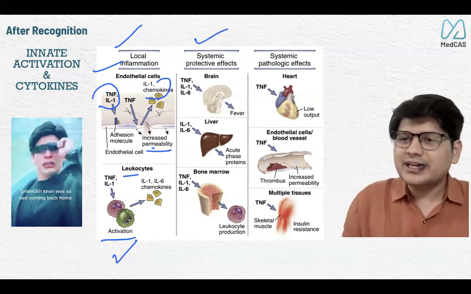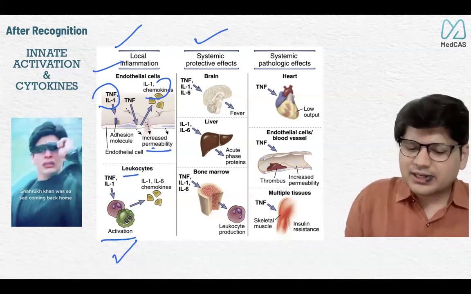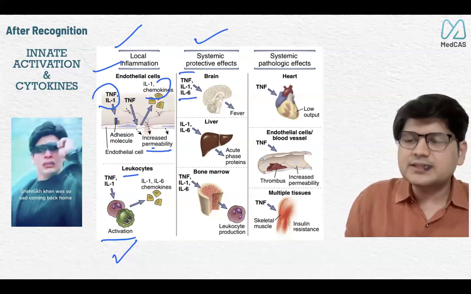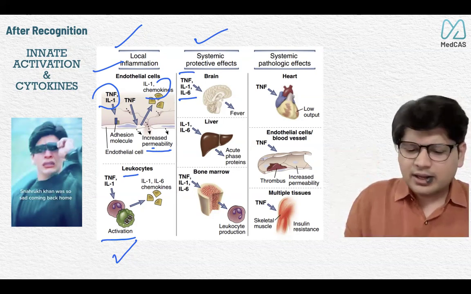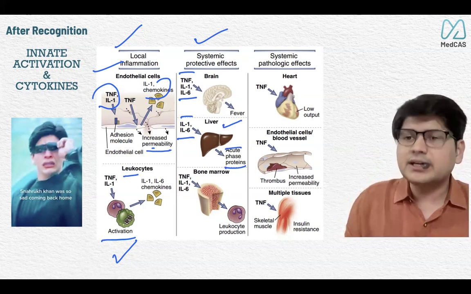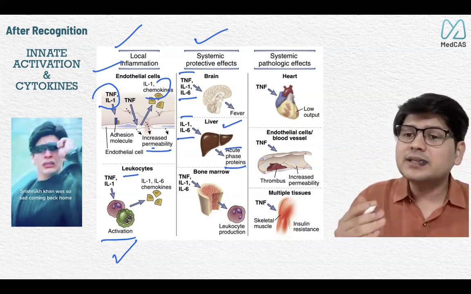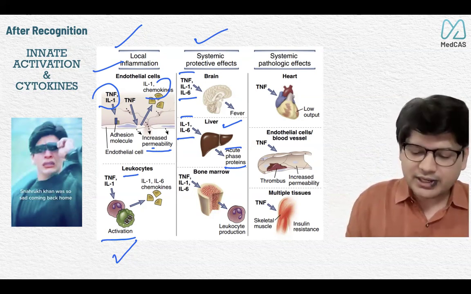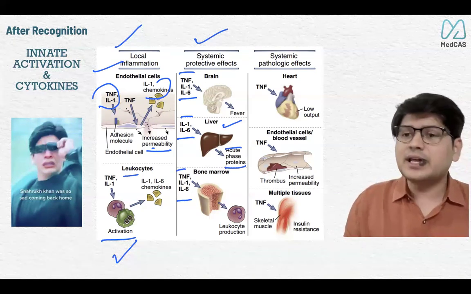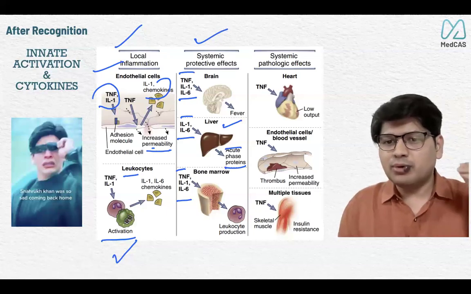We get fever, right? In sepsis, we get fever. That is through the effect of TNF, IL-1 and IL-6 on the brain and the thermoregulatory pathway. When IL-1 and IL-6 affect liver cells, acute phase reactants get activated and you get high C-reactive protein. Yeah, it makes sense, right? It affects the bone marrow because there is a problem, so we need more cells to fight.